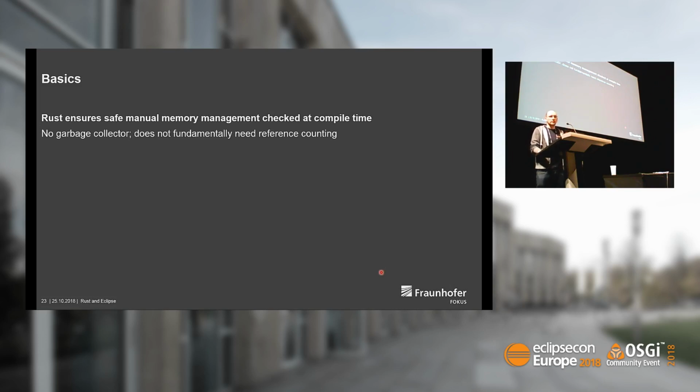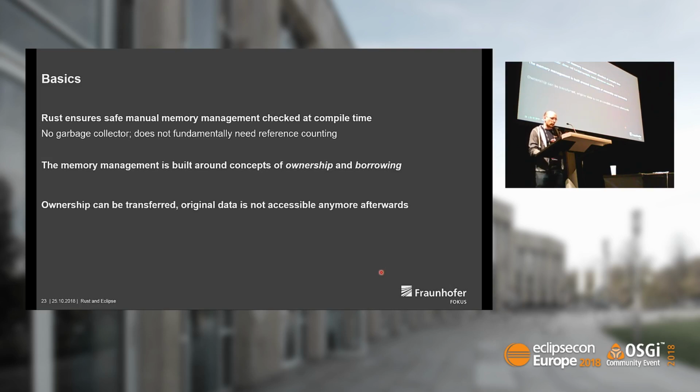There are reference counting types in Rust, but most of the time the so-called borrow checker will help you write safe memory management. The memory management is built around the concepts of ownership and borrowing. So you either own a piece of memory or you borrow it, and borrowing is basically taking a reference to that owned memory.